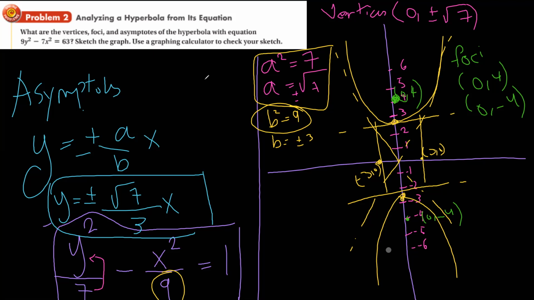Teacher, can you explain again how we put the asymptote in the graph?